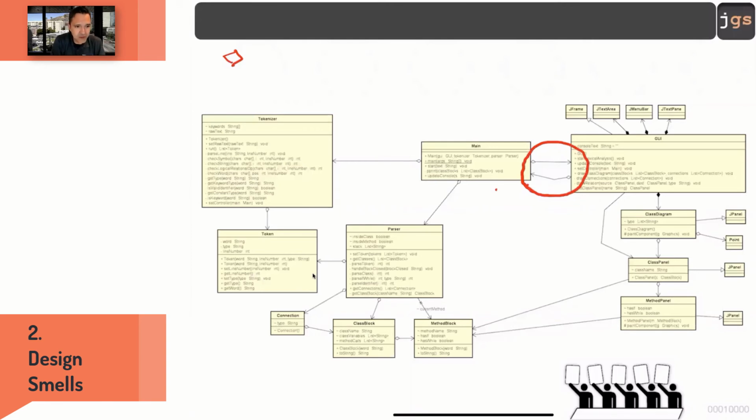I am going to talk about that one, class diagram and point. But did you notice those two relationships there? Main has graphical user interface. Your graphical user interface has the main. What do you think about that? Suspicious, exactly.